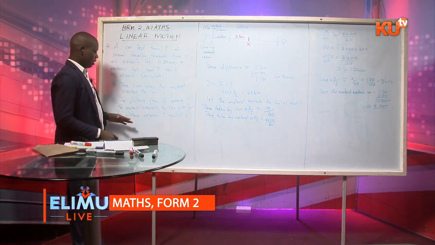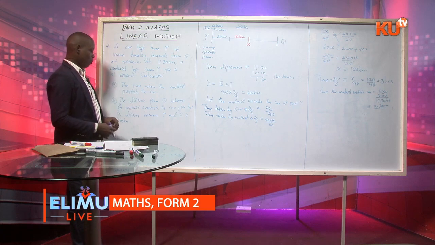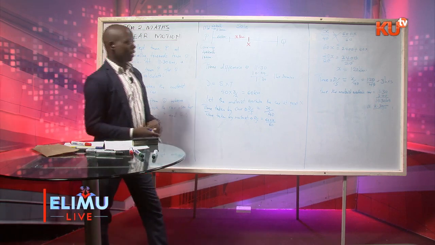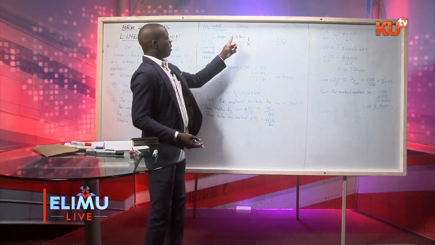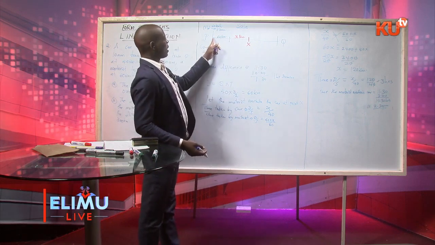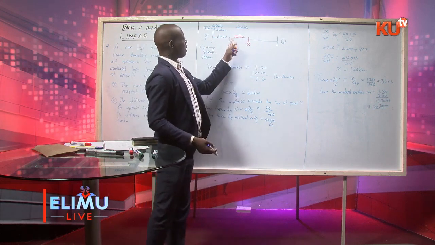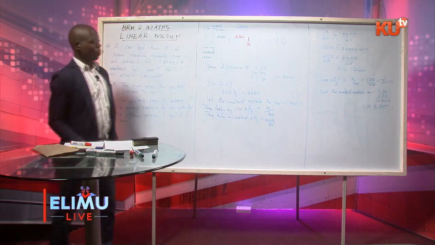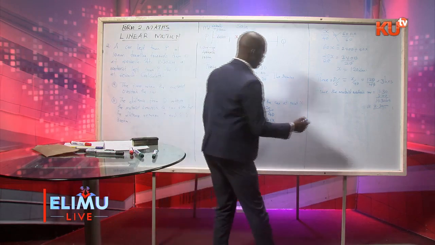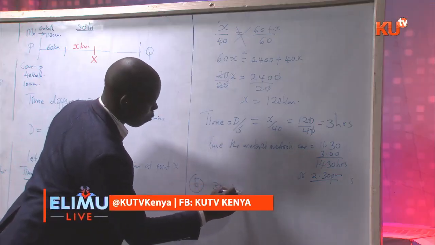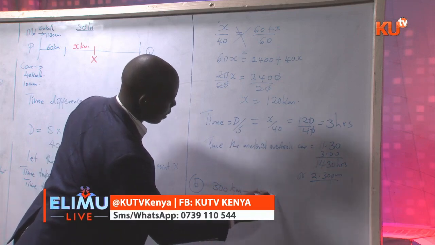But then part B, we are told the distance from Q where the motorist overtook the car, given that the total distance is 300. That is very simple. If from P to Q is 300 and they are overtaking at 60 plus X, that means 120 plus 60 is 180. So for part B, simply take 300 kilometers, we minus 180 kilometers.